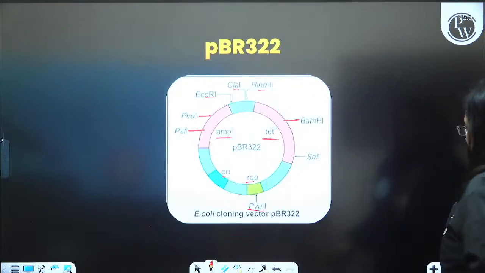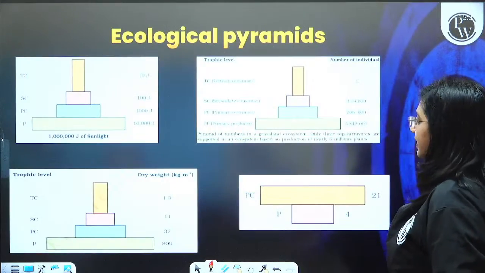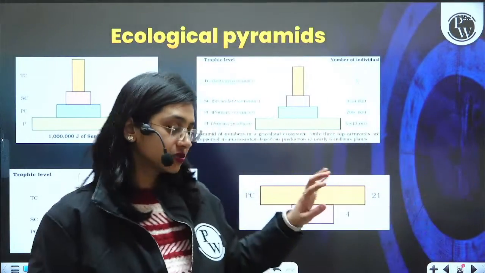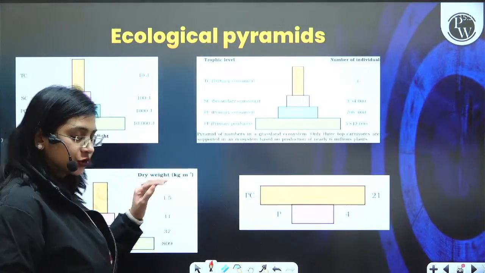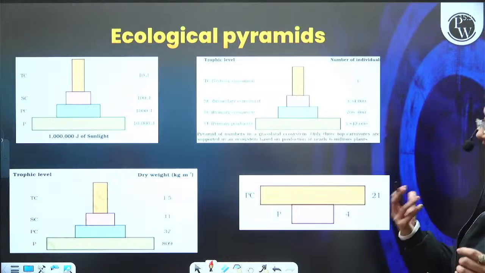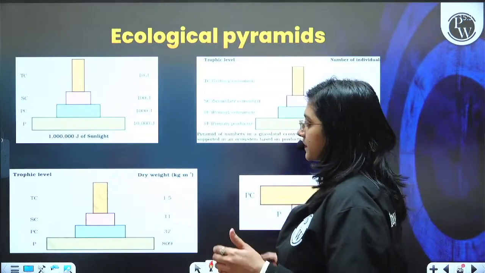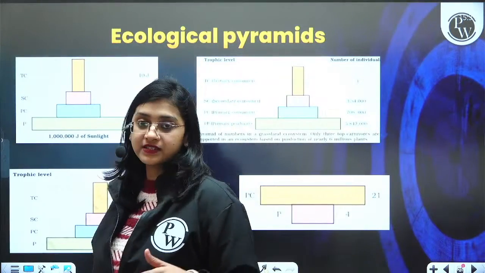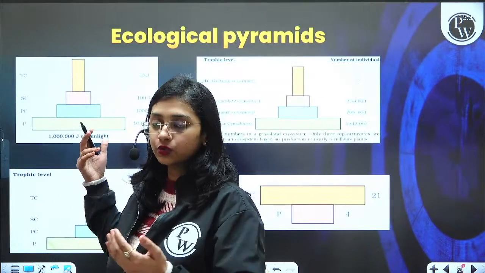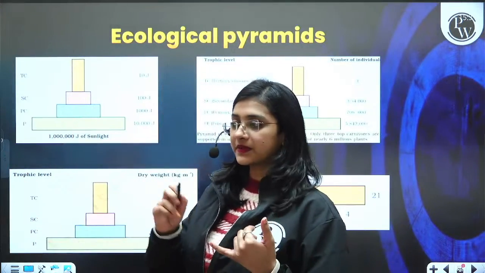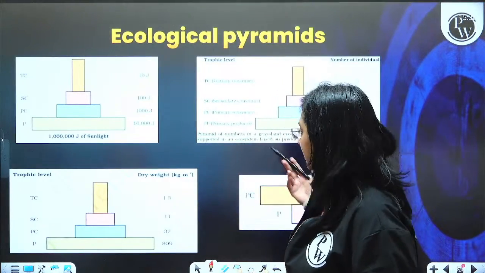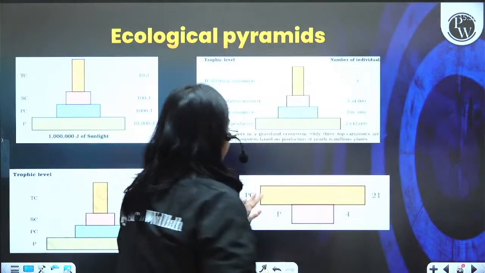One more important topic is ecosystem, which from the lower classes you already know, that is, different types of pyramids. Questions have come from different types of pyramids. The pyramid which explains the trophic levels related to energy, that is the pyramid of energy, pyramid of biomass, pyramid of numbers, and inverted pyramid.